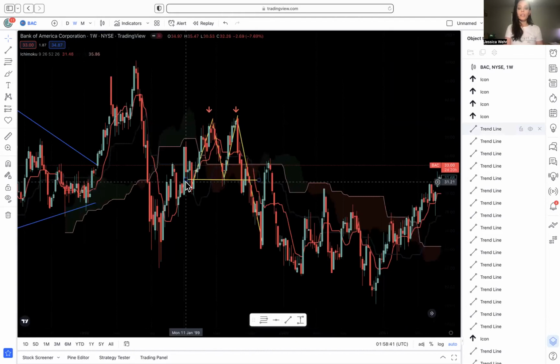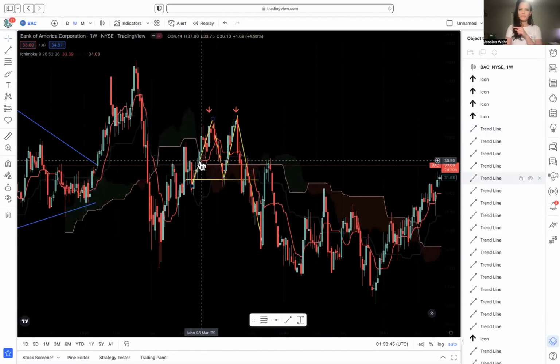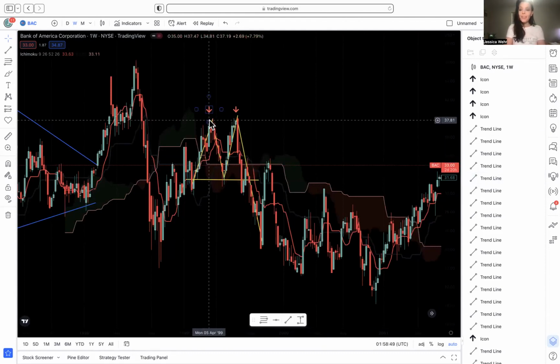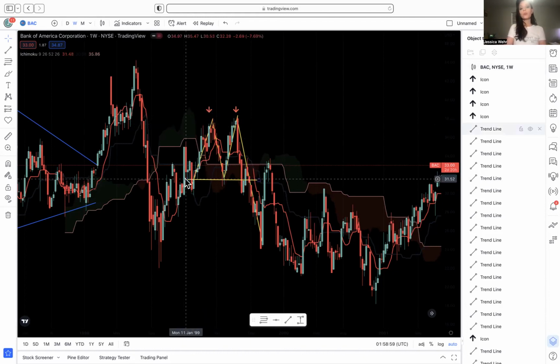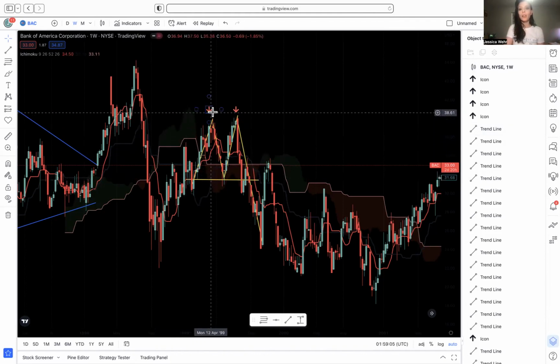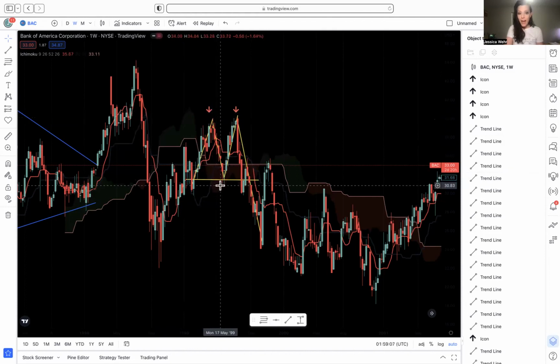And another example of a double top, or I didn't get to double top yet, I don't think. So a double top is an upwards pattern, which is a bearish reversal signal, because that can indicate the stock could drop. So what is a double top? It is literally the reverse of a double bottom. So it's going to hit a level of resistance, bounce back, hit a level of resistance, bounce back.